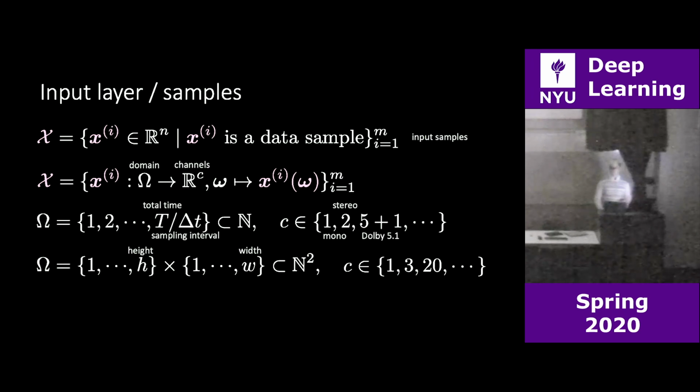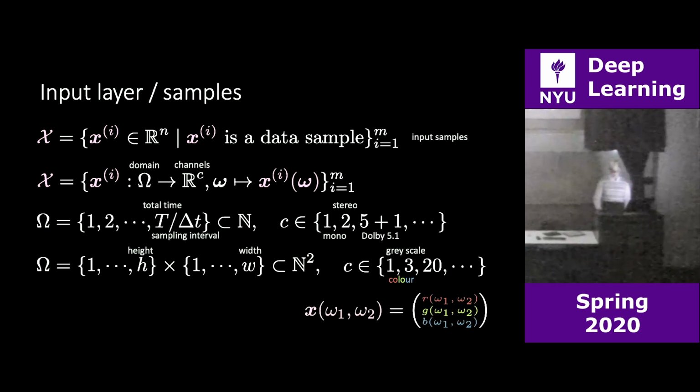Here, possible channels that are very common are the following. You can have a grayscale image, and therefore you only output one scalar value. Or you get the color, and therefore you get my x, which is a function of the coordinates omega 1, omega 2, where each point is represented by a vector of 3 components: the r component at omega 1, omega 2, the g component at omega 1, omega 2, and the blue component at omega 1, omega 2.